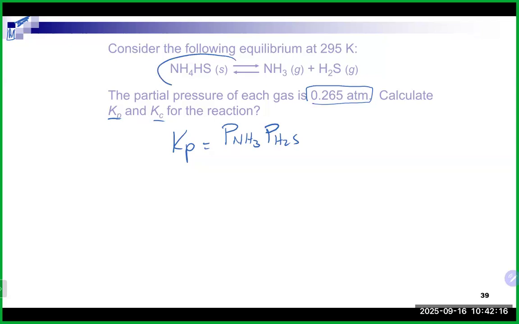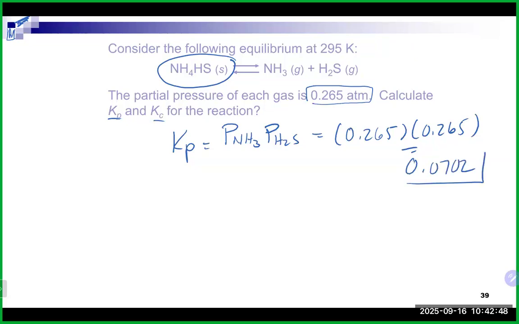And in this case, this is a solid, which means we would not include it in our expression. Each of our gases has the same pressure, so that's going to give us 0.265 times 0.265. And that will get us here for our Kp: 0.0702.